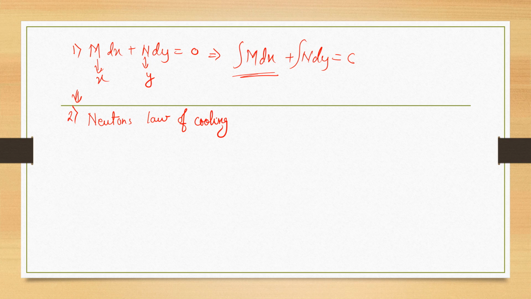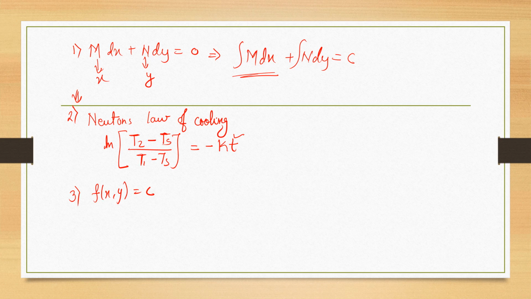In Newton's law of cooling, we derived a formula log of (T2 minus Ts) by (T1 minus Ts) equal to minus Kt, where t is the time required for the cooling down, T2 is the final temperature, Ts is the surrounding temperature, and T1 is the initial temperature. And in the last type of problem, to determine the orthogonal trajectories, we are provided with some equation f of xy equal to c.